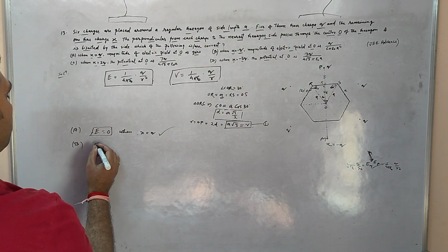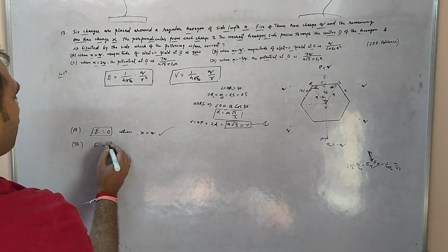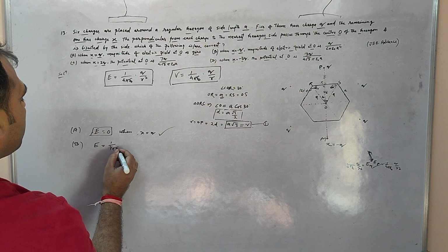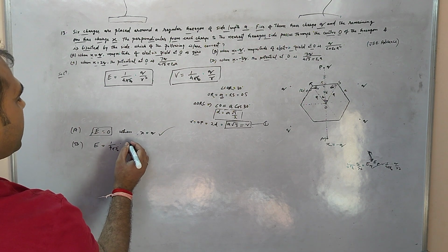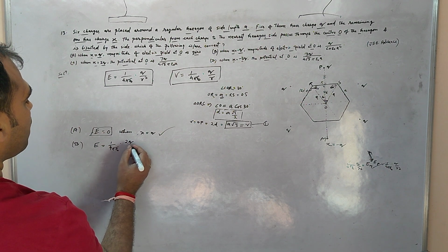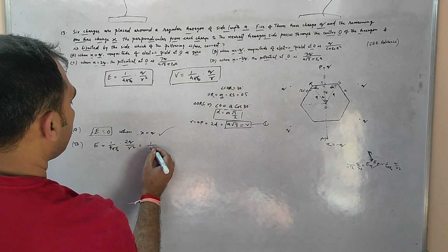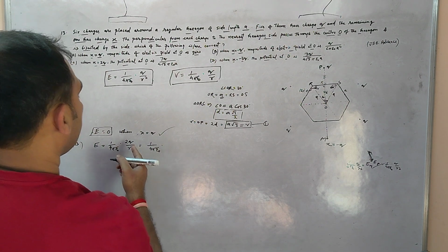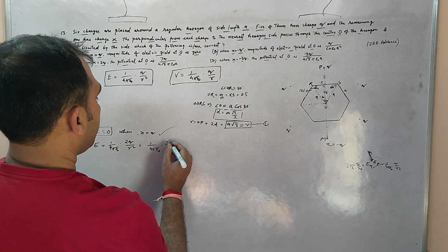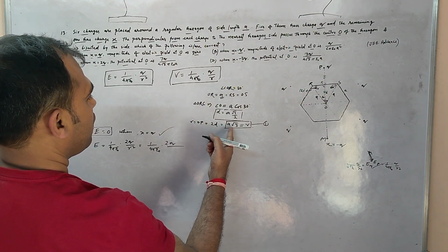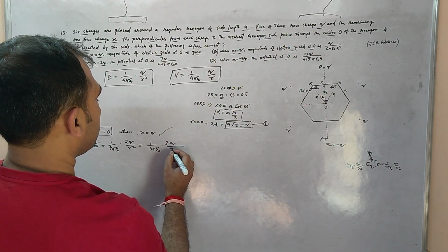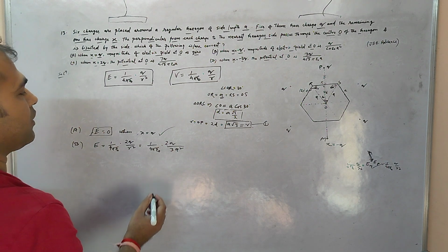Resultant E will be equal to 1/4 pi epsilon naught, q plus q, 2q by r square. So 1/4 pi epsilon naught 2q. What is the value of r square? 3a square.